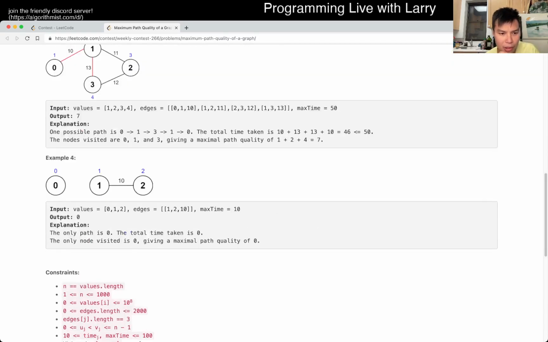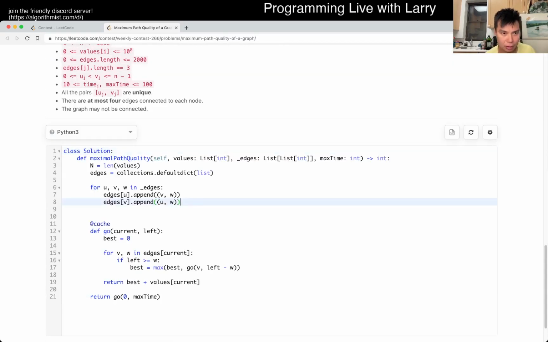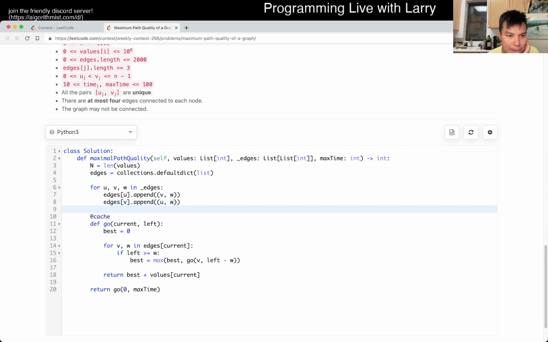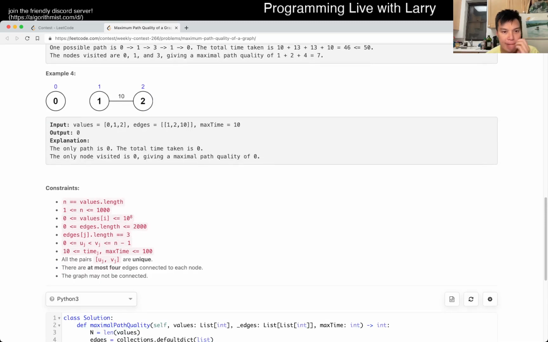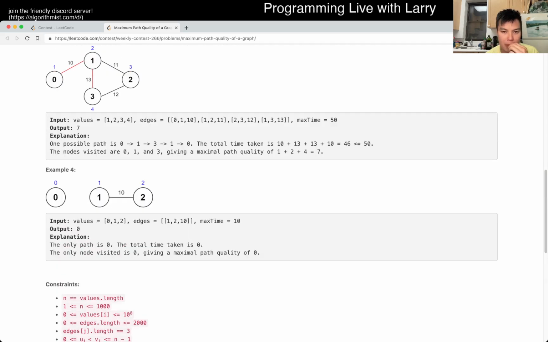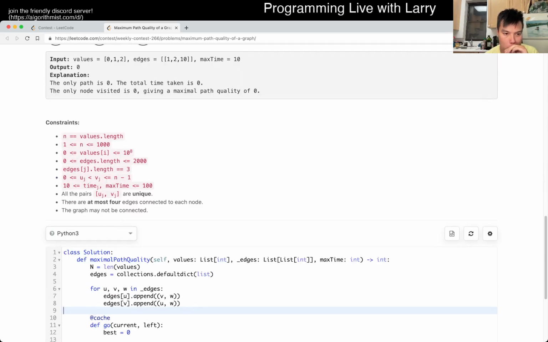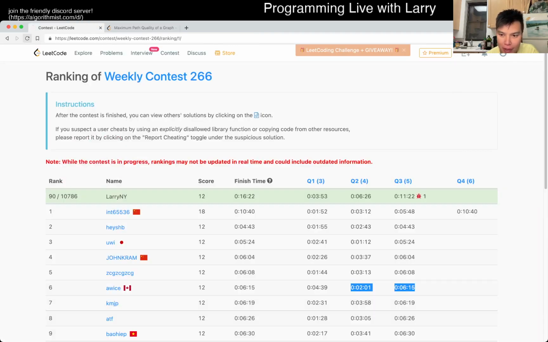A lot of people got it though still, so maybe I'm missing something obvious. A lot of people got this already.